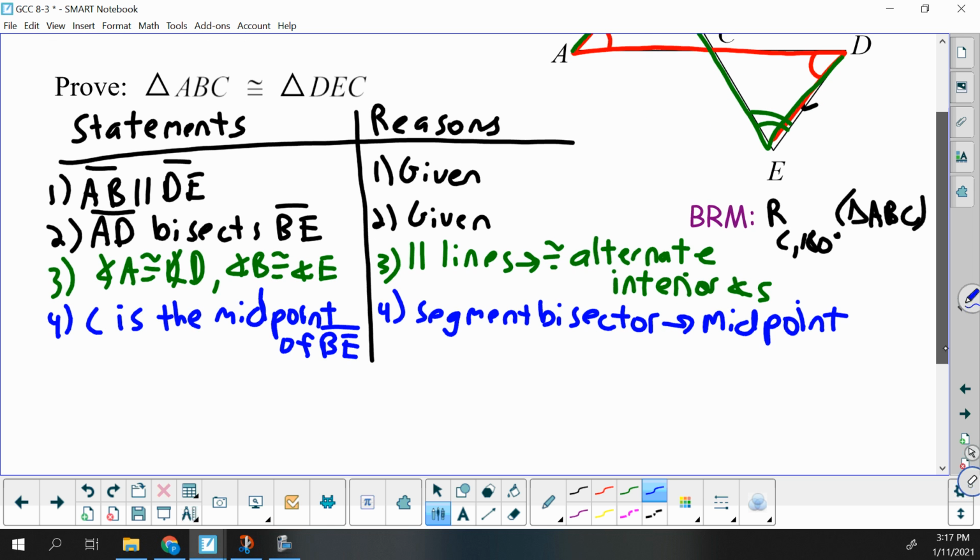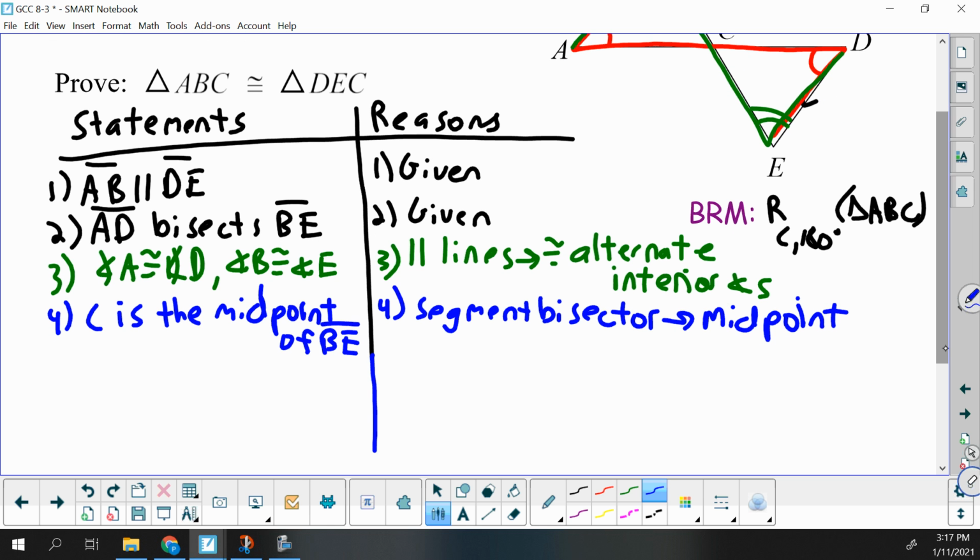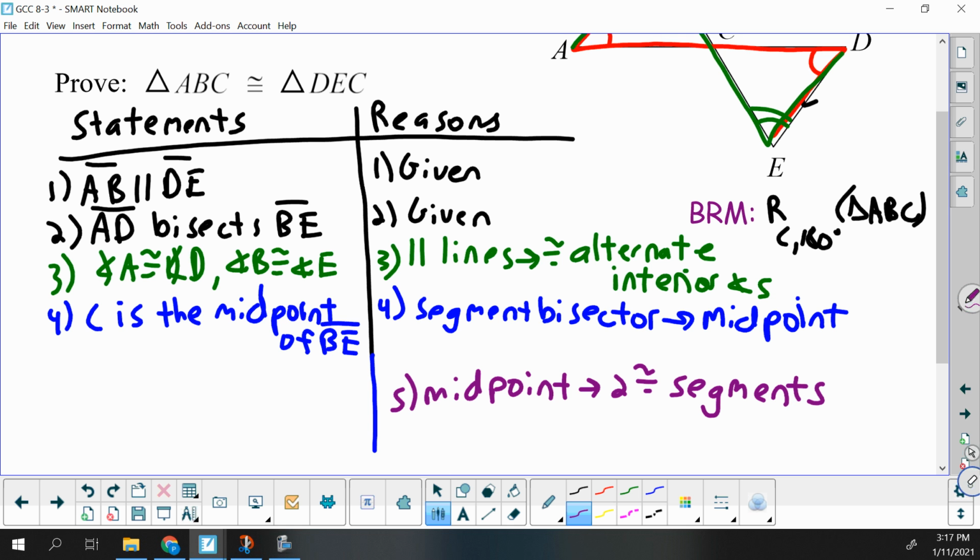So automatically, next, we should do our midpoint implies two congruent segments. C was the midpoint of BE, so our two segments should be BC is congruent to CE.